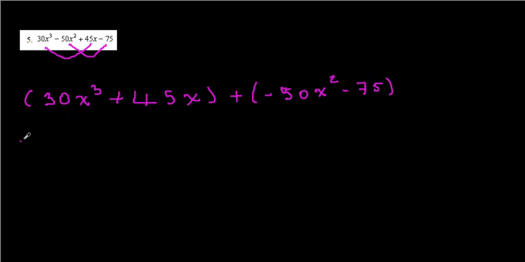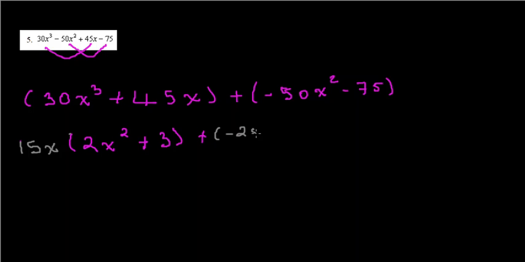So 15x, and now you're going to multiply this by 2x squared plus 3, plus, and now this is going to be the biggest common denominator here is negative 25.